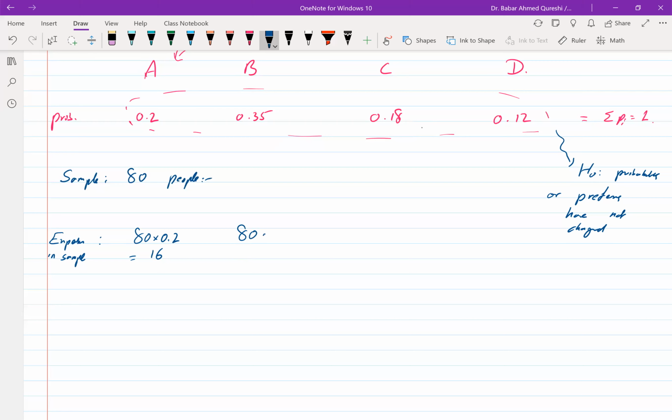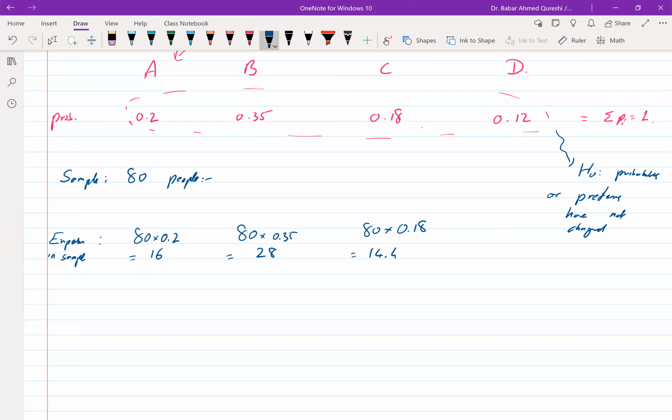This is 80 times 0.35, which is 28, and this is 80 times 0.18, which is 14.4.